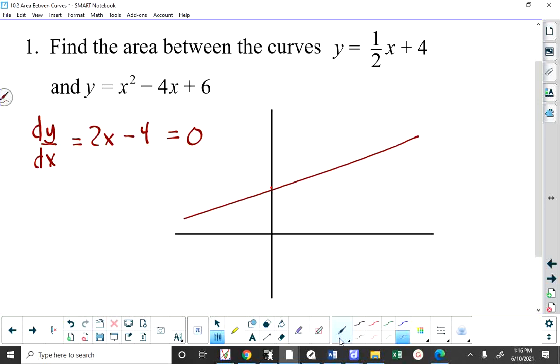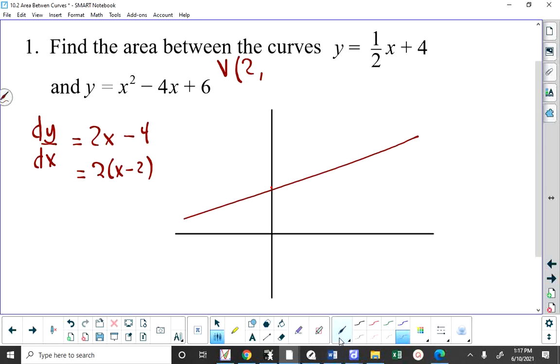The derivative of this, I don't even need to write equals 0. The derivative is 2 times x minus 2, which means that the vertex of this thing is at 2 comma something. Well, 2 comma what? Does that make sense that the vertex has an x-coordinate of 2? Because that's the minimum of the function. That's the only critical point of the derivative.